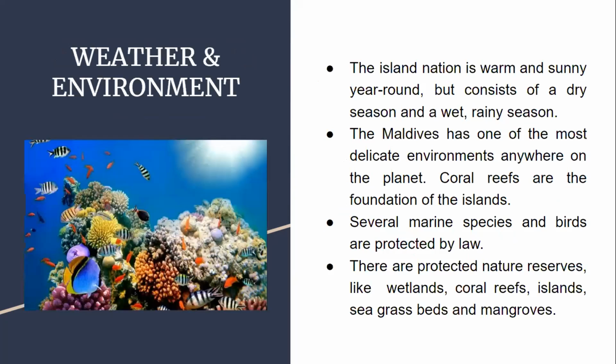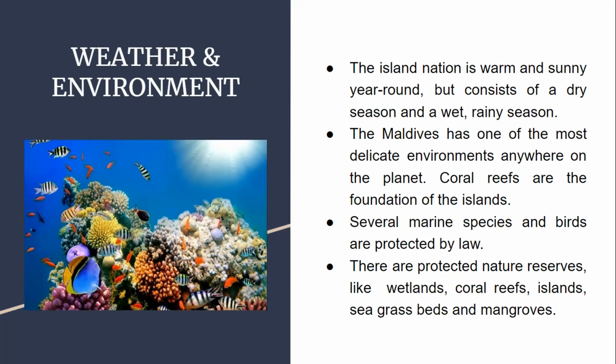Next slide, please. About weather and environment: this island nation is warm and sunny year round, but consists of a dry season and a wet rainy season. And the Maldives has one of the most delicate environments anywhere on the planet, because coral reefs are the foundation of the islands and the economy of this country.